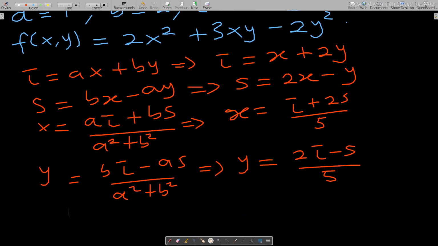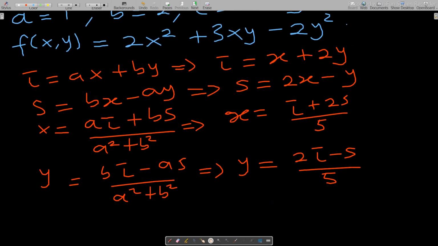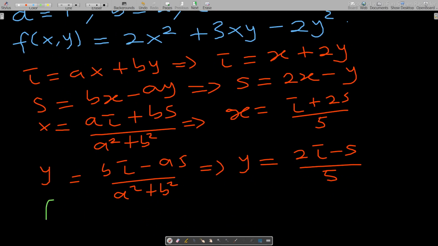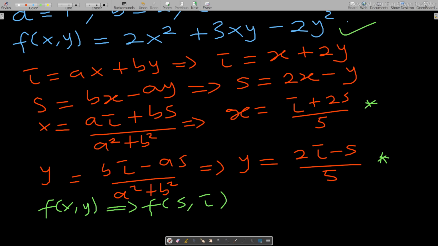Our f of x y should be transformed to f of s tau, meaning wherever I see x in this equation, I put the expression for x, which is this, and wherever I see y, I put the expression for y, which is this, and transform them into s and tau. Alright, let's see what we'll have here.